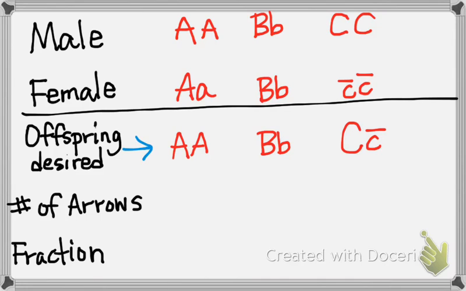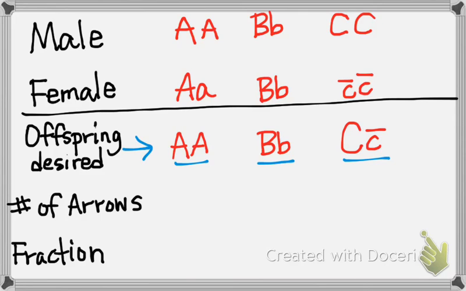We're saying that if these two parents with these genotypes had offspring, what is the probability that they could have homozygous A's, heterozygous B's, and then heterozygous C's, given the genotypes of the parents listed?